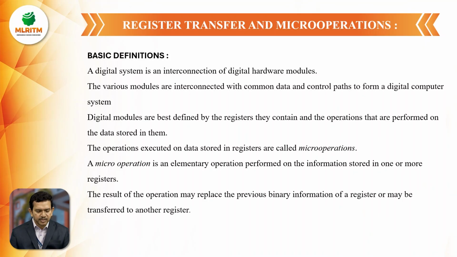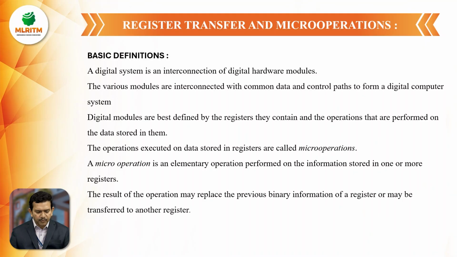When I say a digital system, it is an interconnection of different types of components. These 5 components are connected and are considered as a digital system or a digital computer. The various modules connected are input, output, control unit, memory unit, and ALU.